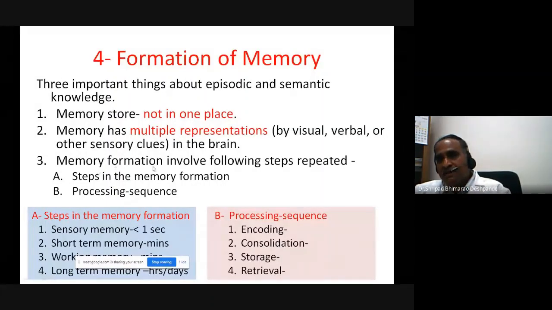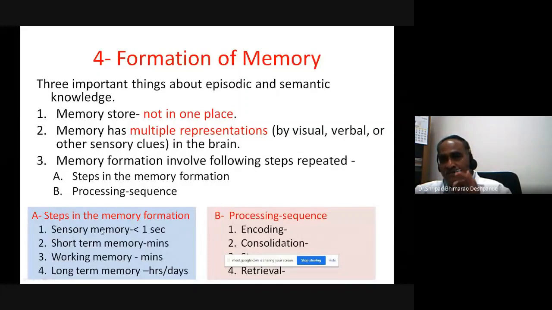Then, the memory formation involves the following steps. One, the steps in the memory formation. The second, the processing sequence. Now, the steps in the memory formation are sensory memory, less than a second; short-term memory, minutes to hours; working memory, less than a minute, even less; and long-term memory, which remains for hours and days and sometimes the entire life.